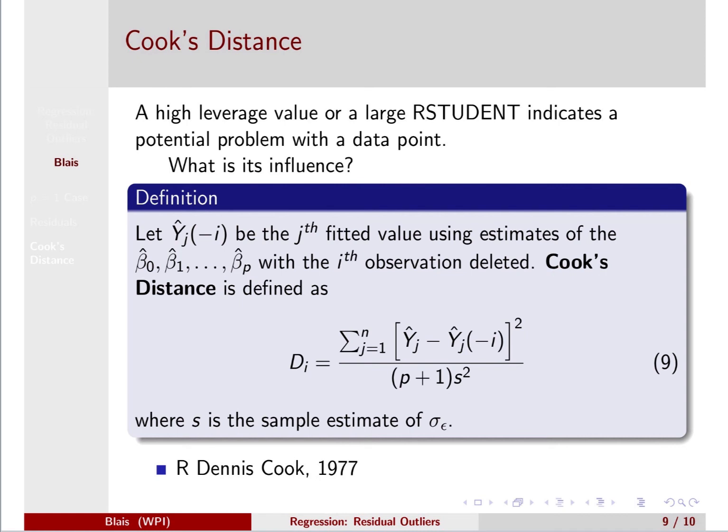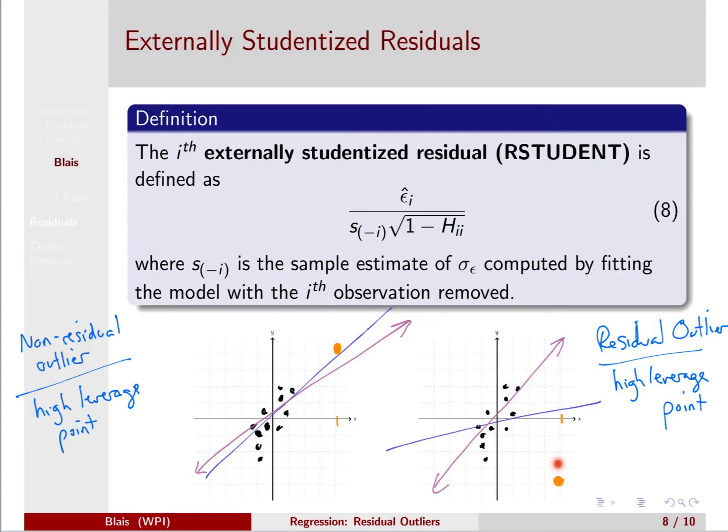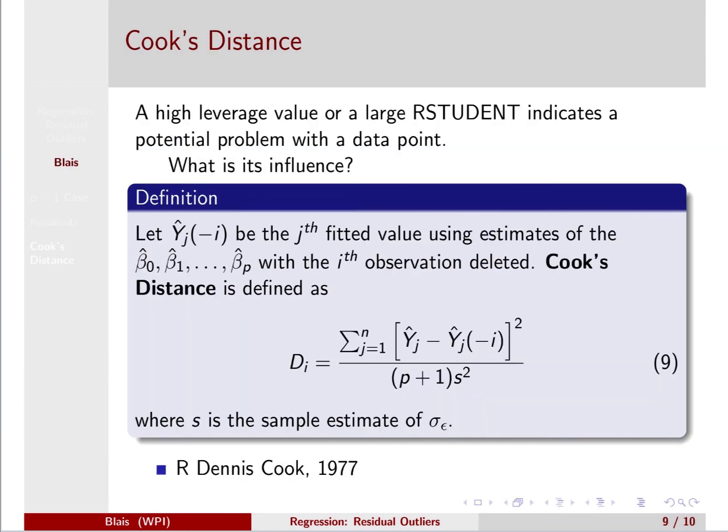So come back to this previous idea of having this ith observation. Think of it as being a residual outlier and a high leverage point, and we remove it. So we do our regression here, which is a better fit. That's our yj hat minus i. Our yj hats are the fitted values with the ith case included, as usual.